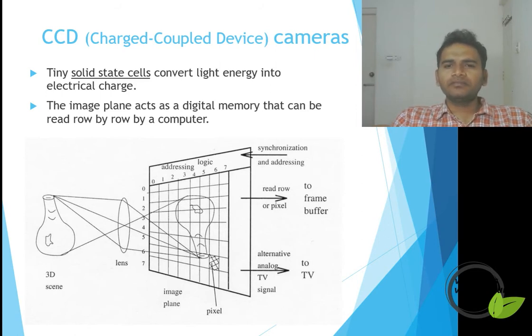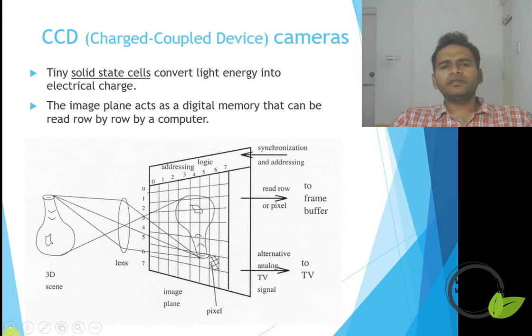These convert light into an electric charge, and this electric charge depends upon the intensity. For example, darker objects will have lesser intensity, so lesser charge, and lighter images will have more charge, and vice versa. Both are possible based on the potential that is being used.